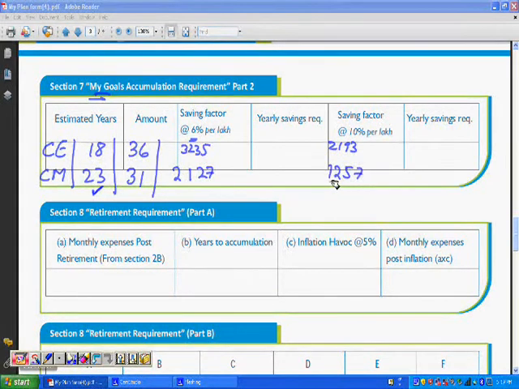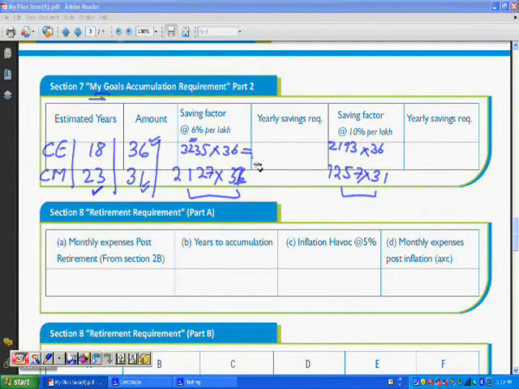1257 here. So what this means is that if you have to save 36 lakhs, you need to multiply 3235 into 36 and 2193 into 36. Similarly, if you need to get 31 lakhs, you need to multiply 2127 into 31 and 1257 into 31.